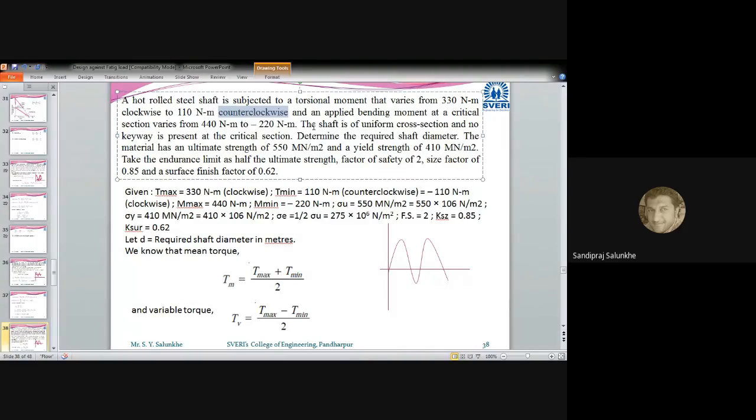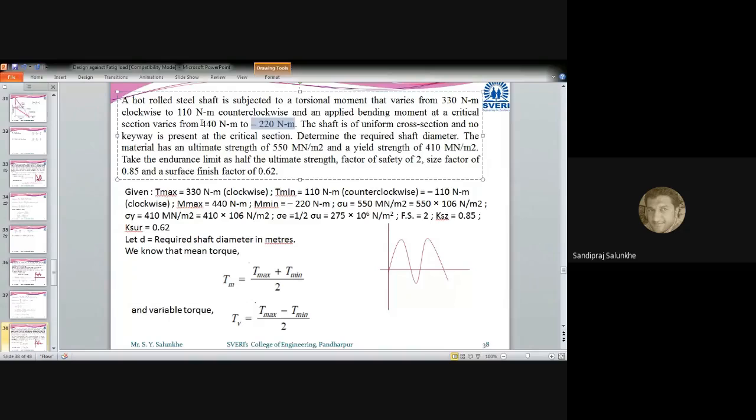So this is the loading cycle, and at the same time a bending moment is also applied on that shaft at a critical section, which varies from 440 Newton meter to minus 220 Newton meter. That is the bending moment while the shaft is rotating.